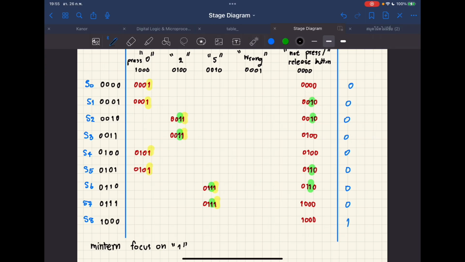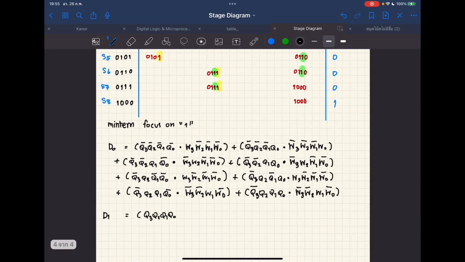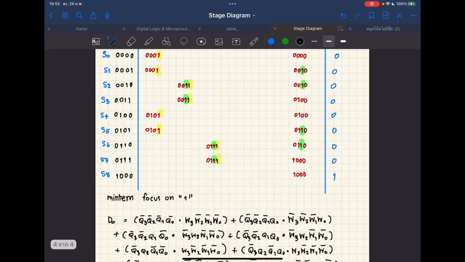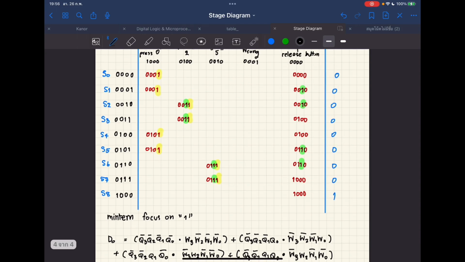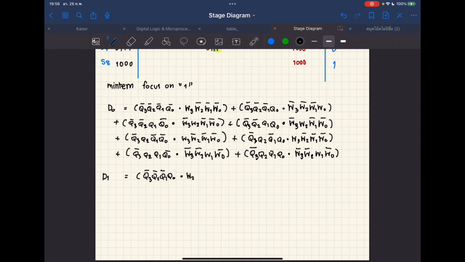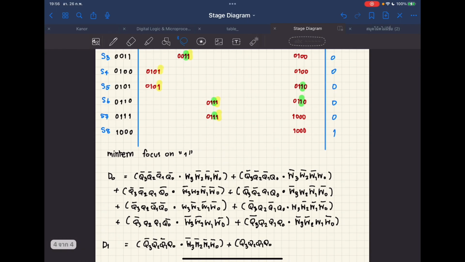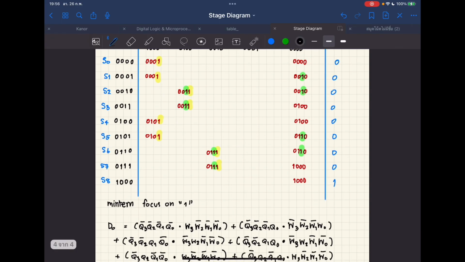This is the first one, stage 1. And 0, 0, 0. And then next is stage 2.